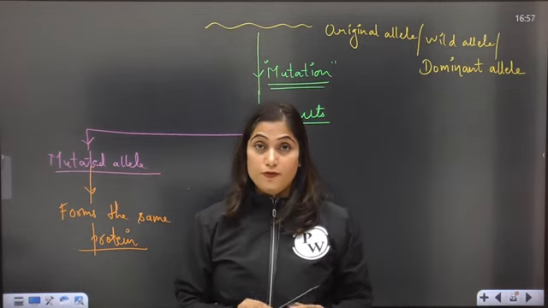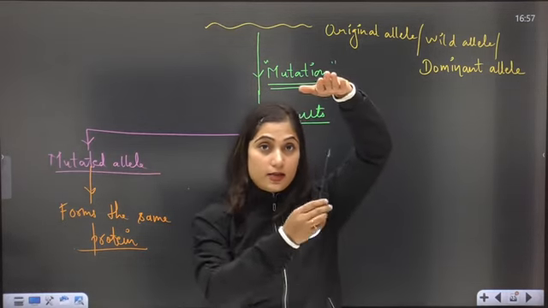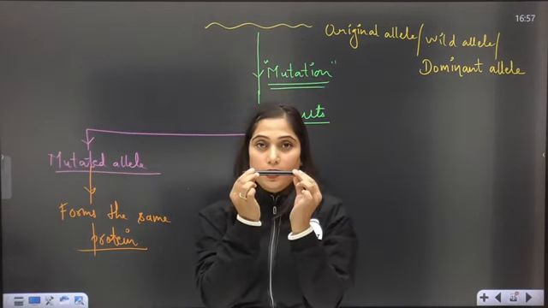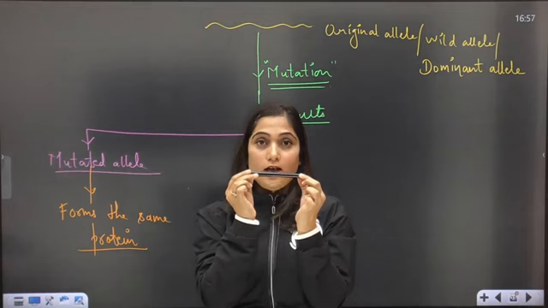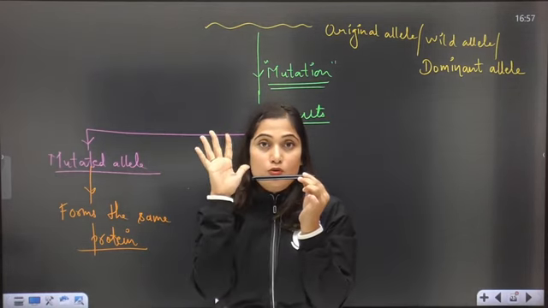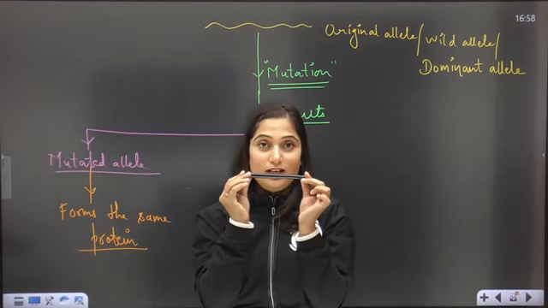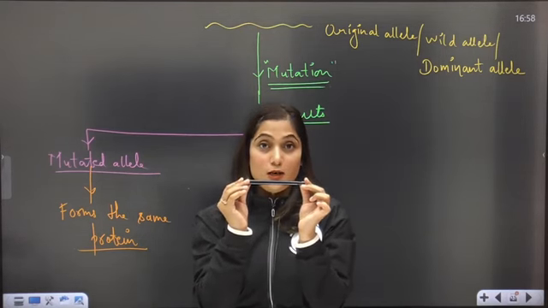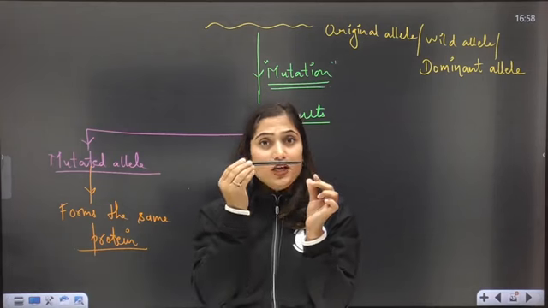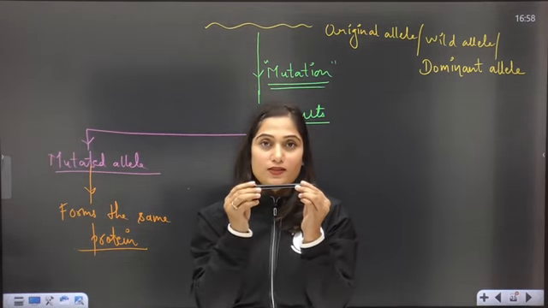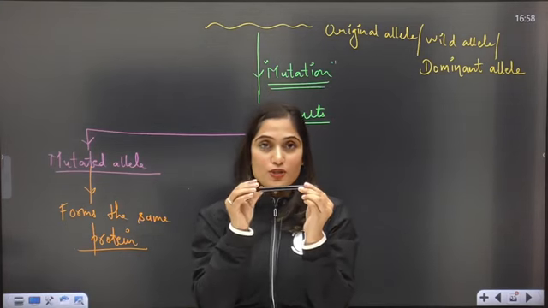But if the mutation has occurred and this mutated allele now no longer forms the protein, then this mutated allele is called the recessive allele. Or it forms the protein, but that protein is of no use, that means a non-functional protein.